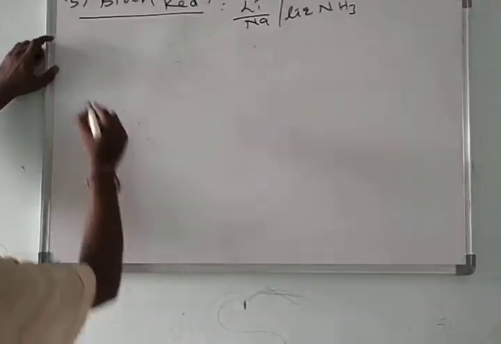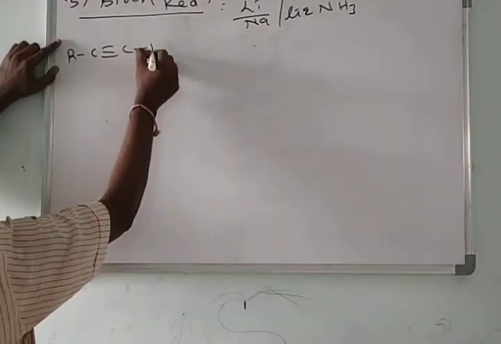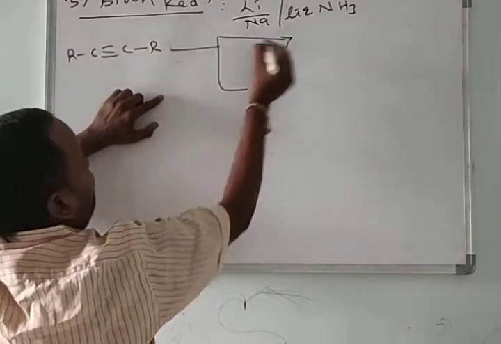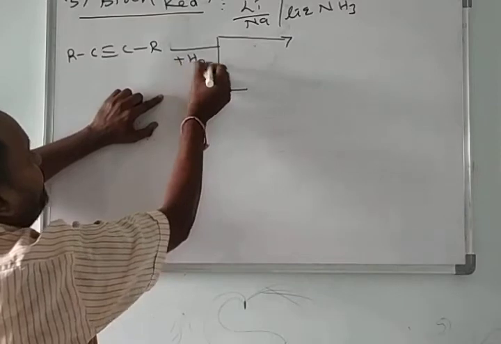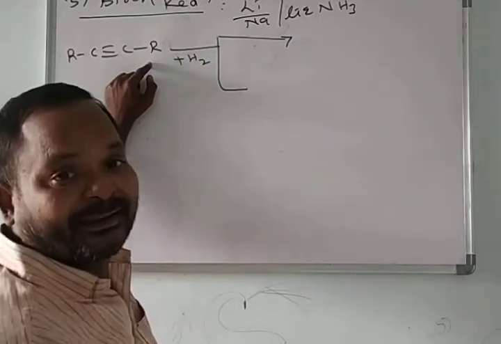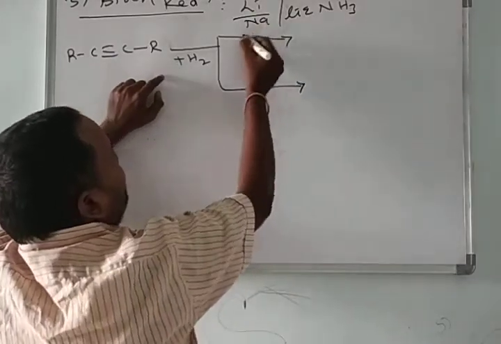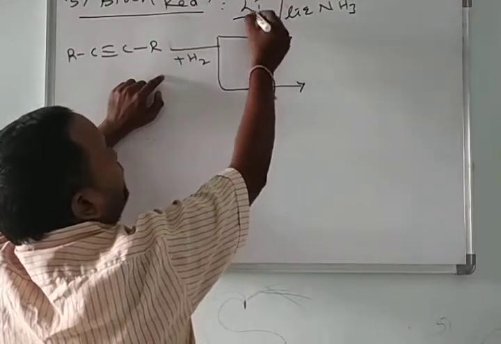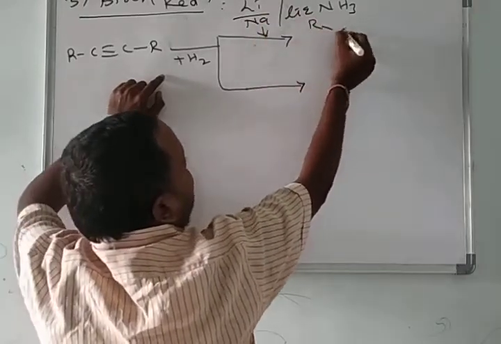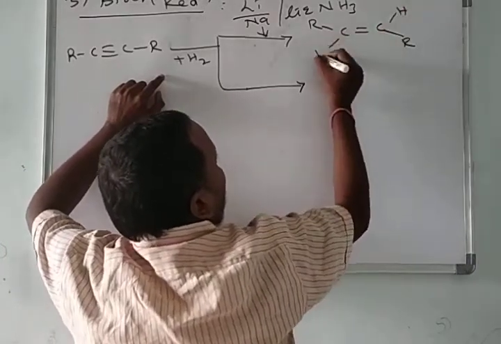Here I am taking an alkyne and adding hydrogen. After the addition of hydrogen to the alkyne, we'll get alkenes. We'll get two types of alkenes. In the presence of lithium in liquid ammonia or sodium in liquid ammonia, we'll get the trans alkene.